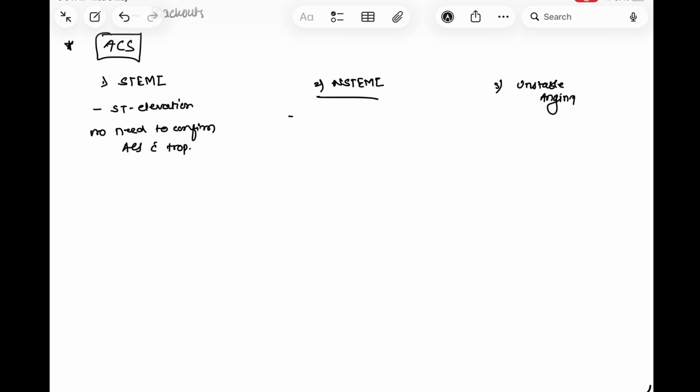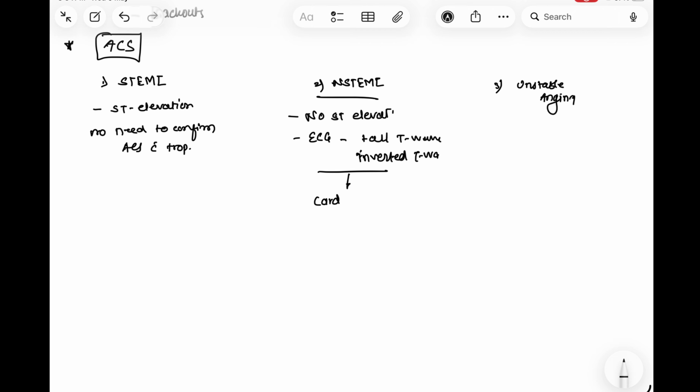In NSTEMI, there is no ST elevation. But there are a few ECG changes with which we can consider the possibility of ACS, like tall T wave or inverted T wave. Okay, so in this case, we will do cardiac biomarkers like troponin.